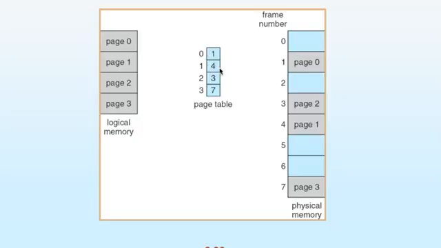So in terms of page table number 1, it's in frame 4. The first one, 0, is 1. We have 1 is 4. 2 is 3. Let me see here. Number 2 is in slot 3. Basically, it's a lookup table to find out the logical and map it to the physical.